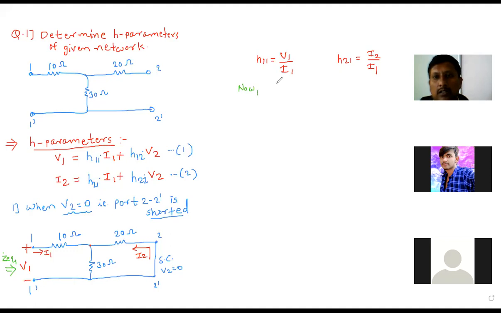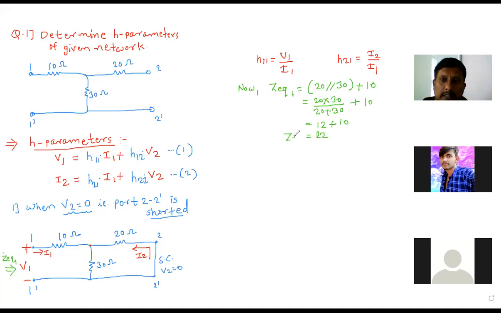For Z equivalent 1, 20 and 30 are in parallel, and that is in series with 10. So 20 into 30 divided by 20 plus 30, plus 10 as it is. 600 divided by 50 means 12, and 12 plus 10 is 22. Z equivalent 1 is equal to 22 ohm.